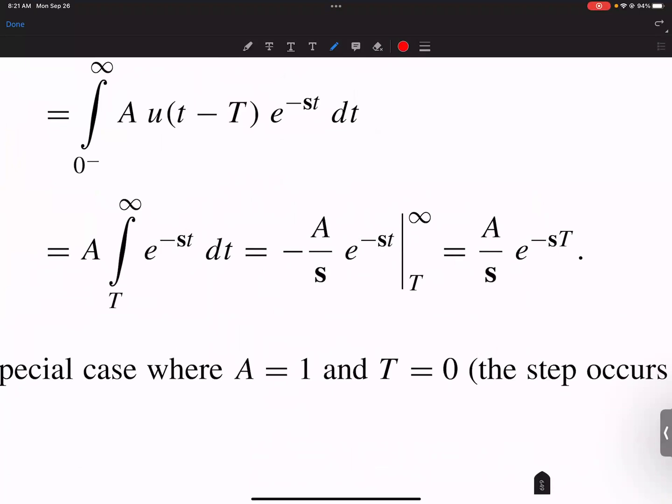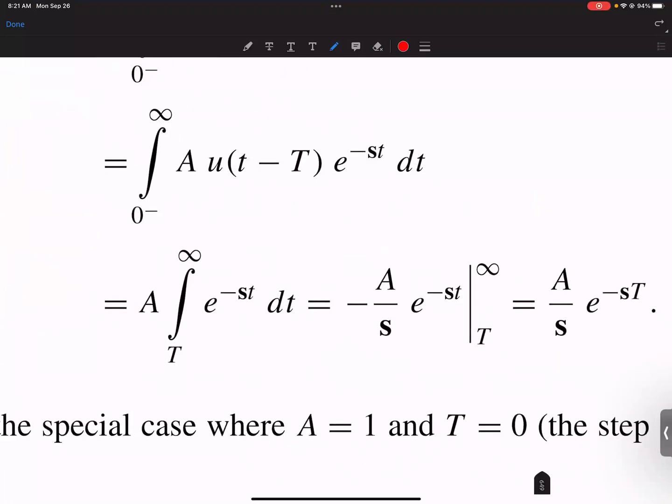And so as you integrate this, the a comes out, and then e to the minus st becomes a over s, e to the minus st from t to infinity. And so that's just shifting the variable from 0 to t is going to be 0, so you only bring down the t.